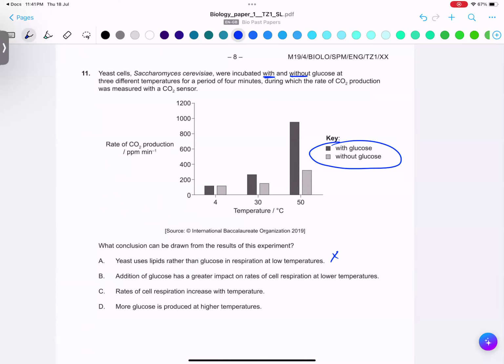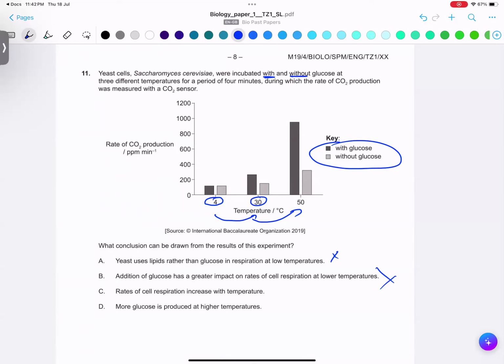Okay, so it's not A. Addition of glucose has greater impact on rates of cell respiration at lower temperatures. Not necessarily, because at 4 it didn't really do much. At 30 it kind of did, but not necessarily, because as the temperature increased, the ones with glucose increased, so that's false because you can see that here.